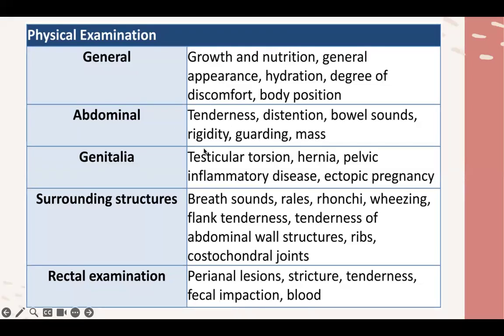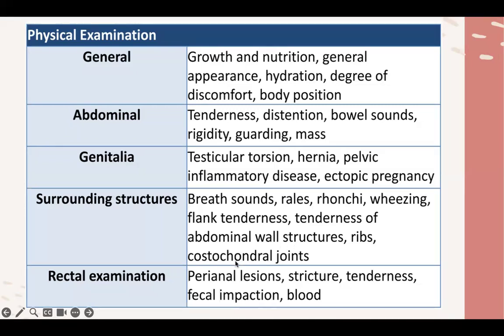When it comes to the abdomen, look at the tenderness, distension, bowel sounds, rigidity, guarding, and mass per abdomen. Also look at the genitalia for testicular torsion, hernia, pelvic inflammatory disease, ectopic pregnancy; you can see discharge as well as swelling in the inguinal region or testicular region. We also look at other systems, like breath sounds, respiratory rate, work of breathing, and abdominal wall structure, like trauma to the abdominal wall, ribs, and costochondral joints.